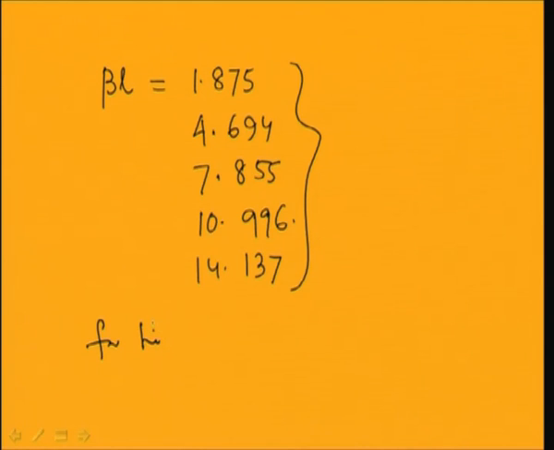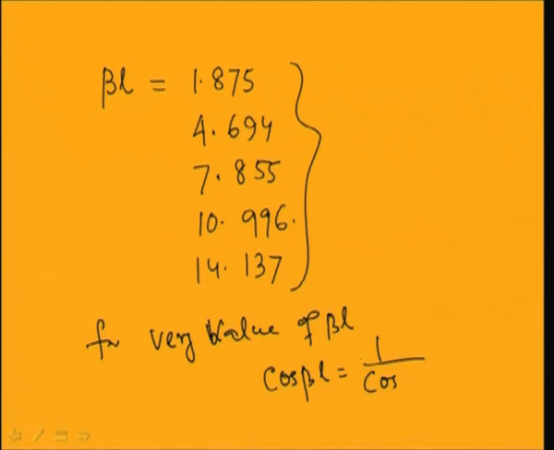For very high values of beta L, that means you just take beta L greater than the fifth mode, in that case cosh beta L is very high. So, you can write cos beta L equal to 1 by cosh beta L, or minus 1 by cosh beta L. As this is very high, this tends to 0.